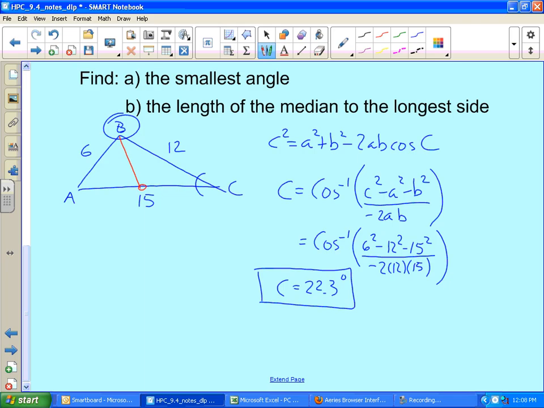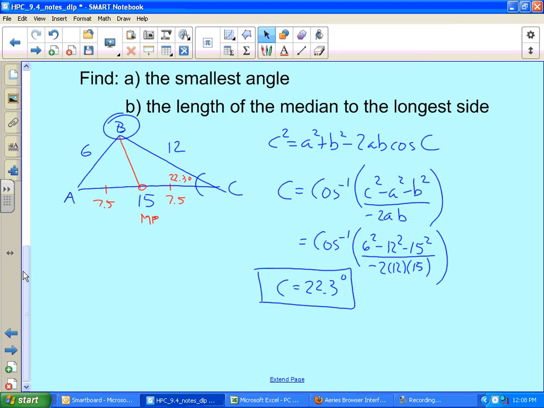If I'm going at the midpoint, that means I've split this into two congruent pieces of 7.5 and 7.5. I've now found angle C to be 22.3. So how am I going to go about finding the length of this thing?